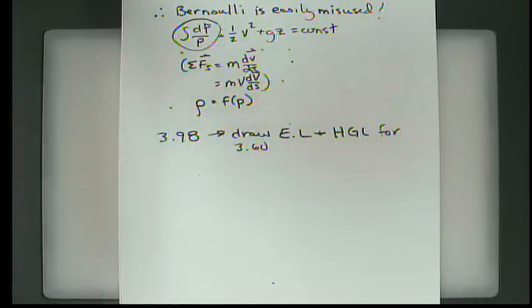Right. So let's turn back in the text to problem number 3.60. And what we have in 3.60 is a water flow from a large tank. We have an atmospheric pressure of 14.5 psia and a vapor pressure of 1.6 psi.